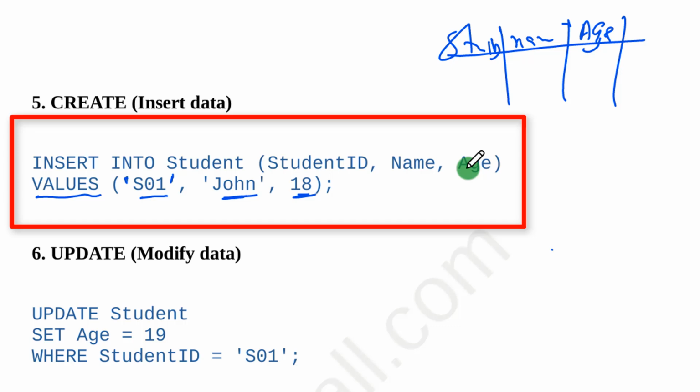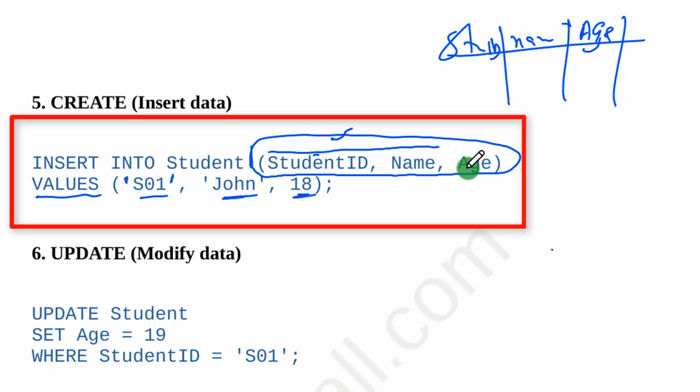Very, very important. Now what you're supposed to know here is that this part here is not obligatory, it's optional. But the question is, when is this optional? So take note. Generally, this first part here, this bracket that you are seeing here, is optional when you are inserting data following the order of the attributes in your table. Like here, the order is what?